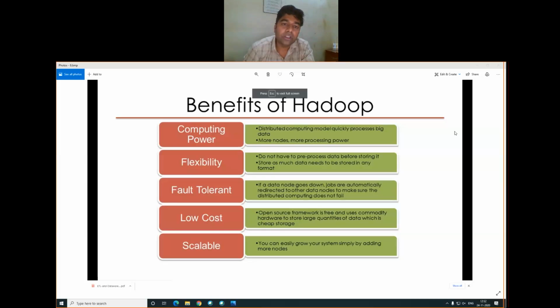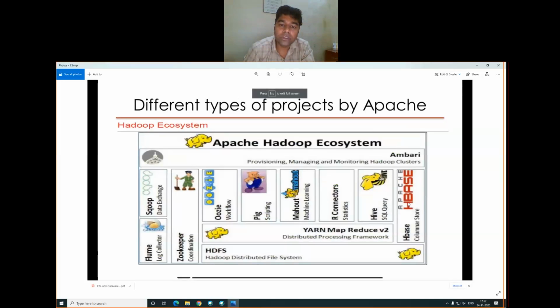Next, we have the Hadoop ecosystem. In the previous class, we discussed in detail all the components of the Hadoop ecosystem. You just have to go through the previous slide.